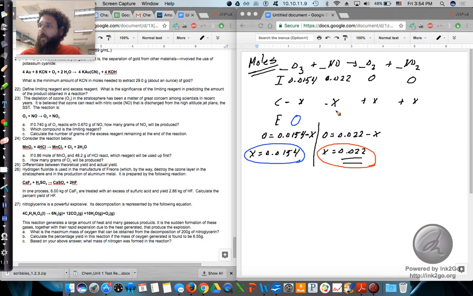If x is 0.0154 here, it would be 0.022 minus 0.0154, which gets us, oh yeah, the same thing, 0.0066. This is a positive number. This one works. So ozone is limiting. Nitrogen oxide is the excess.